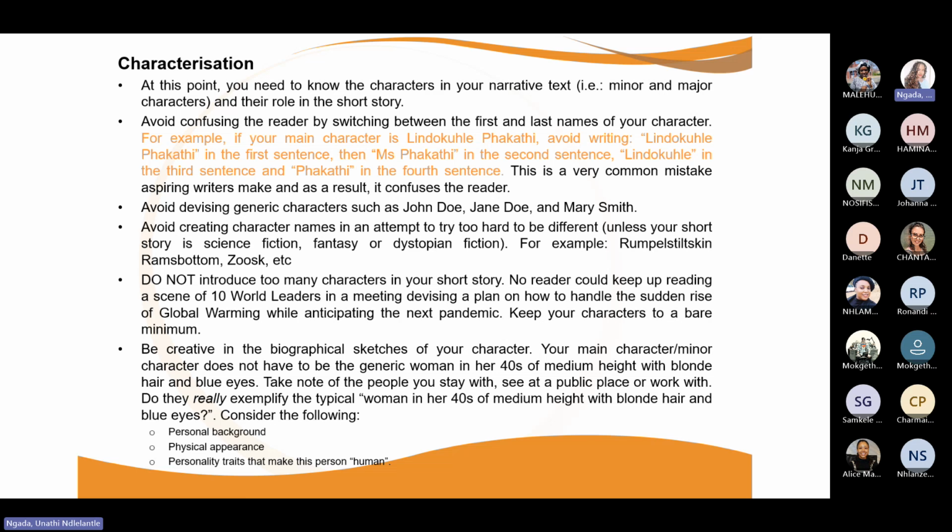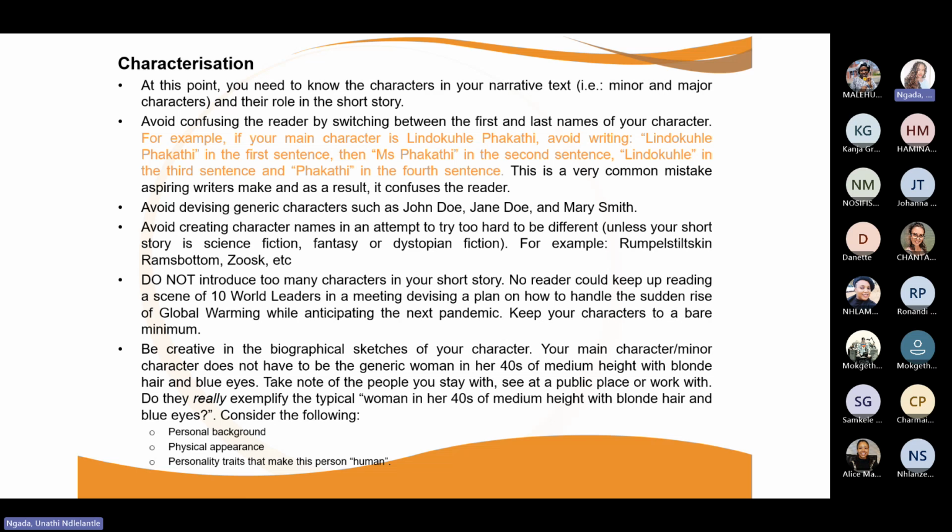avoid using them, and also avoid using extravagant names, because you're trying to sound a little bit different, like your Rumpelstiltskin, Ram's Bottom, your Zeus, your Tamoxiline, Barbabutanol, those type of names. But if perhaps, for example, you're going to be writing a science fiction, dystopian science fiction, then one can actually make an exception there.